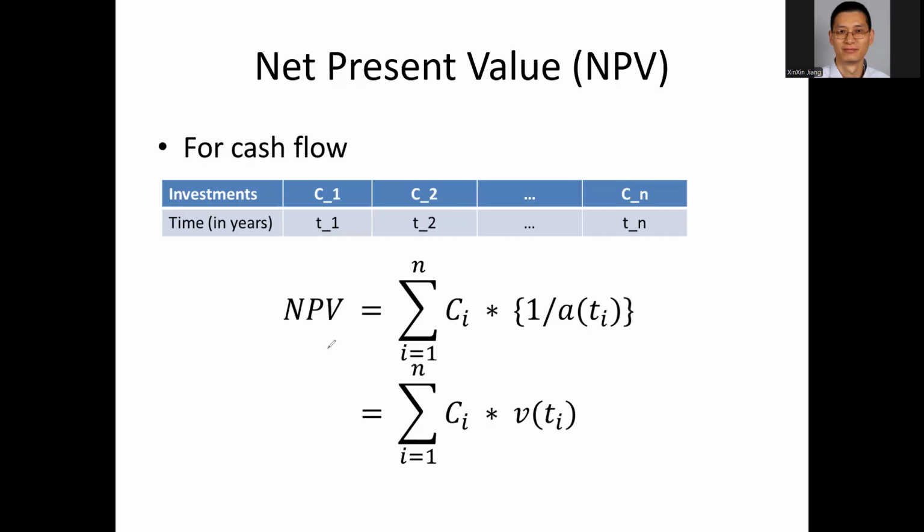So the net present value, NPV, is equal to the summation of the present value of each of the investments. And this is the discount function. What we're doing here is, say T0 is here, and then you discount back, and then you add them up. That's what it says.